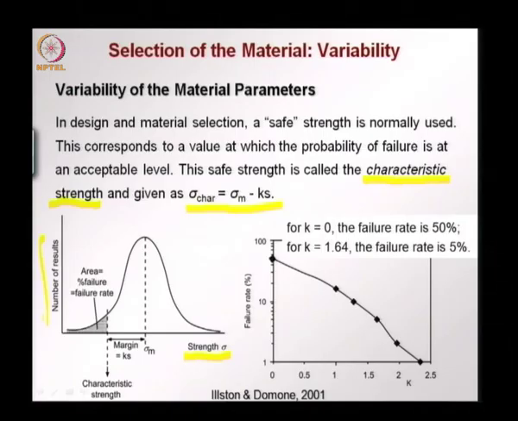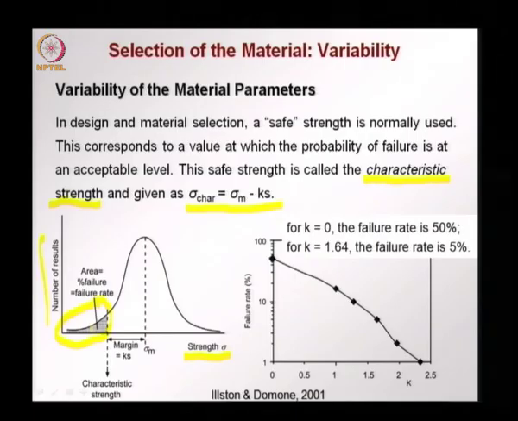The middle of the bell shaped distribution is sigma m, which is the mean strength, and the characteristic strength is now lower than the mean value by a margin given by K times S. So, what we are saying is that the failure that is acceptable is about this much when we take this particular characteristic strength. The area under the shaded part gives the percentage of failure that is acceptable, or the failure rate.